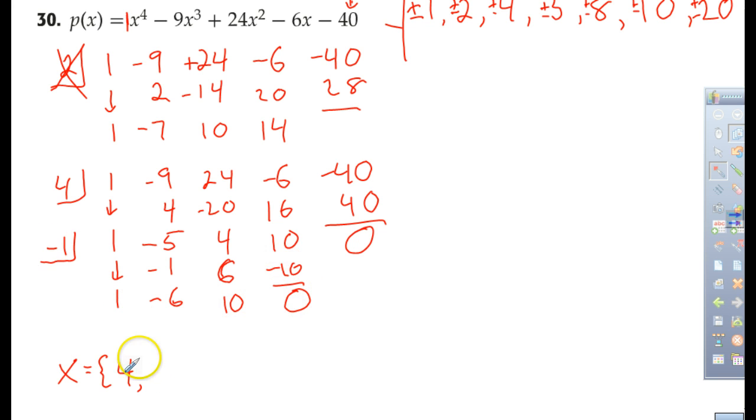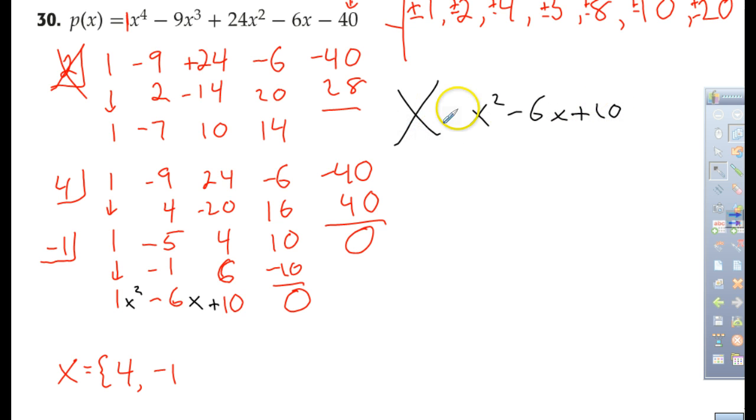So I know that -1 is also a root. And once we get down to 3 numbers, that's when you have a quadratic. Now this is x squared minus 6x plus 10, and that's when I can say, well, what two numbers multiply to 10, add to negative 6? Are there any?